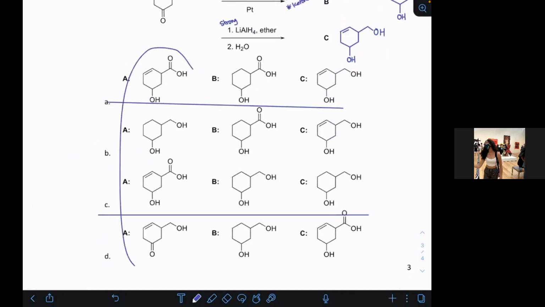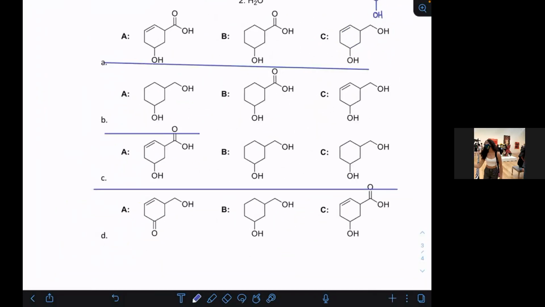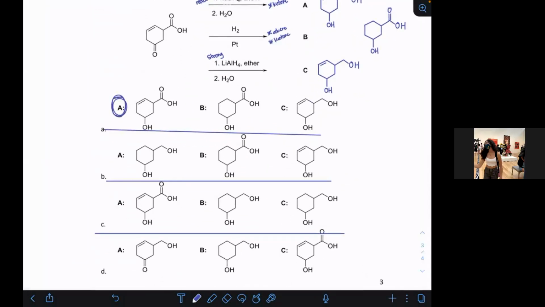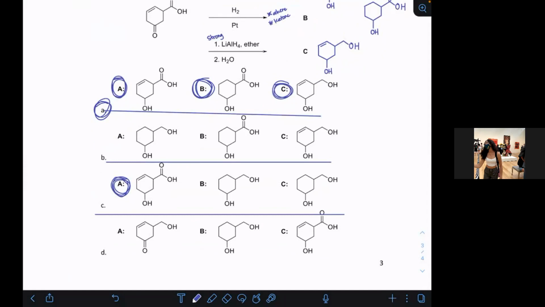Yes, because we're going through rows. Our first one, we got the carboxylic acid, so potentially this A and then this A. Then you compare it to the next one, which matches this one, and the last one matches this one too. So it's row A. But these ones are also the same, and these ones.